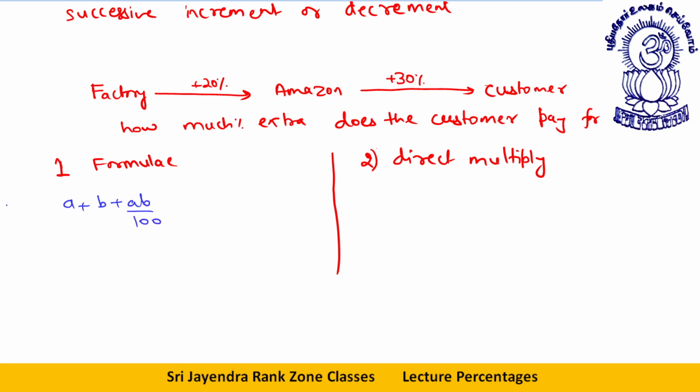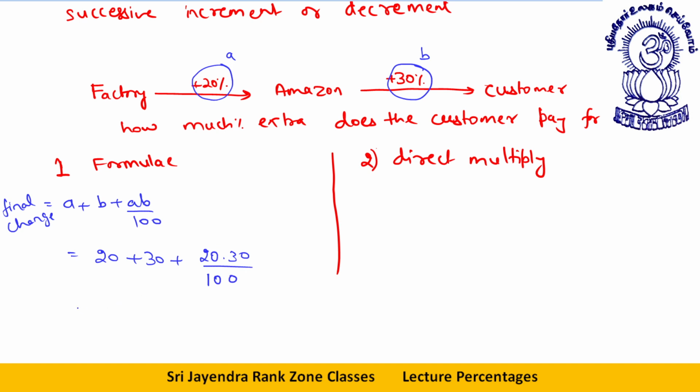This is the final change, where A and B are the first two changes. So you will do 20 plus 30 plus 20 into 30 upon 100. The zeros cancel, and this becomes 50 plus 6, or 56% increase.